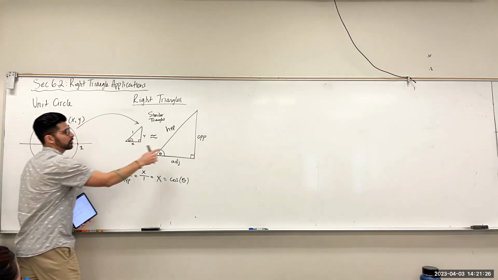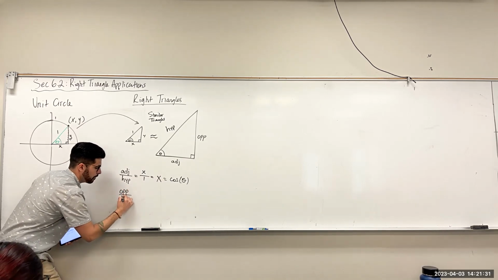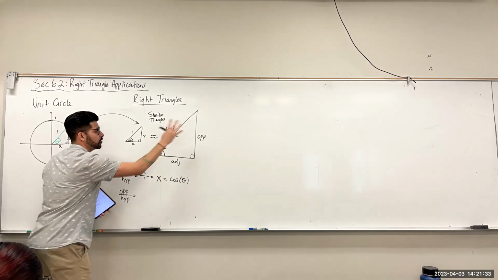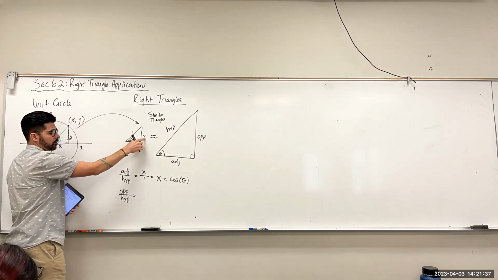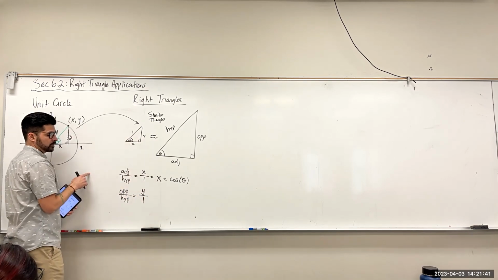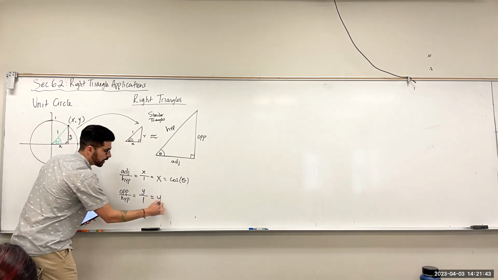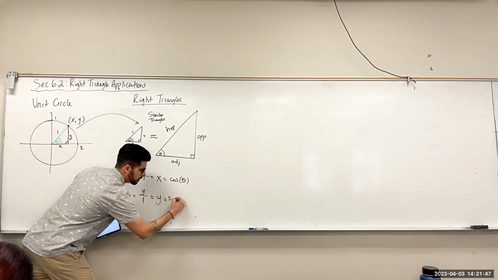Sine is the y, right? So in this case, I'm going to do opposite over the hypotenuse on the big triangle. That should be the same thing as the opposite side of the angle, which is y over its hypotenuse. And that's just y, but by definition, this is what we're calling sine of theta.